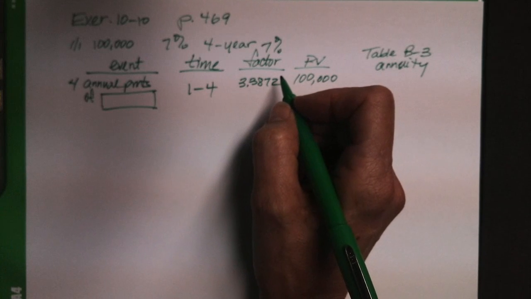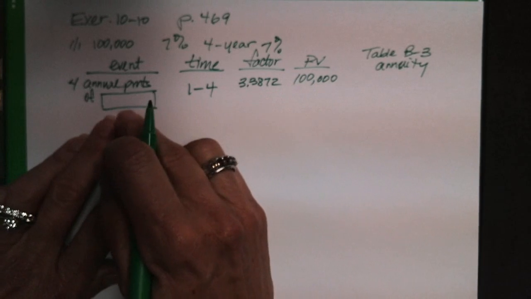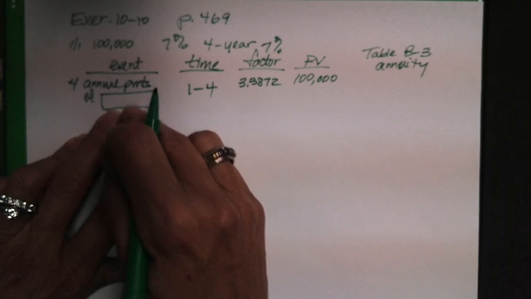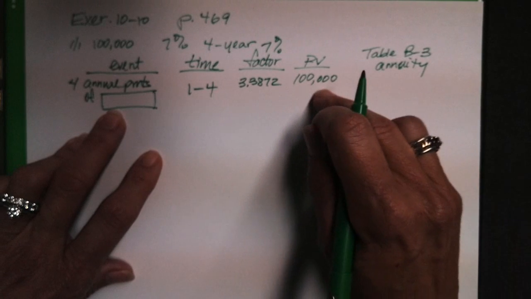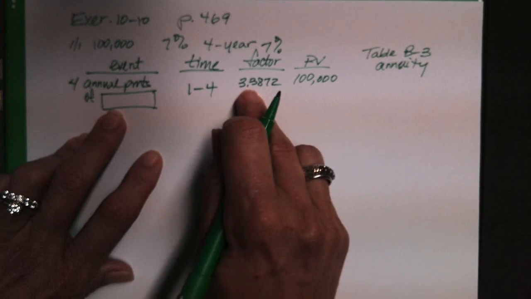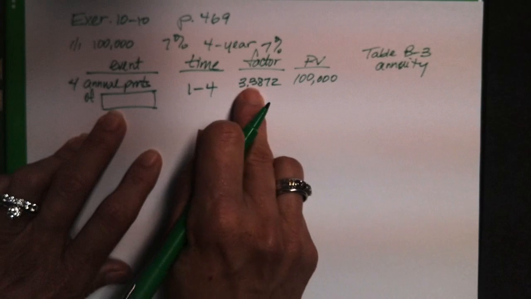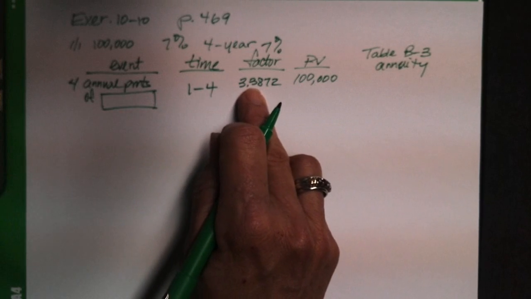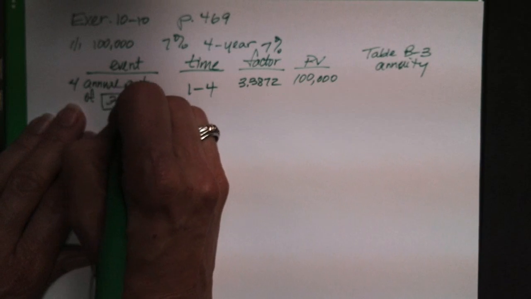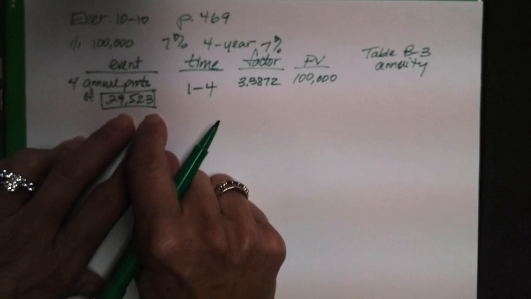Think about what we did when we valued our bond. We knew what the payments were, we knew the cash flow, and we found the factor and solved for present value. This time we have present value, we have the factor, and we solve for the payment. So 100,000 divided by 3.3872 works out to be an annual payment of $29,523. That's what you're going to pay every year.